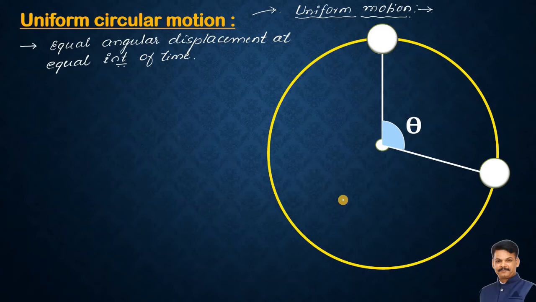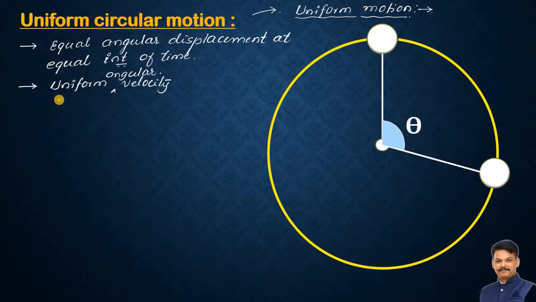Okay. So if the object is in uniform motion, automatically its velocity also will be uniform. It will be moving with uniform angular velocity because it is a circular motion. So we have to consider it as angular velocity.